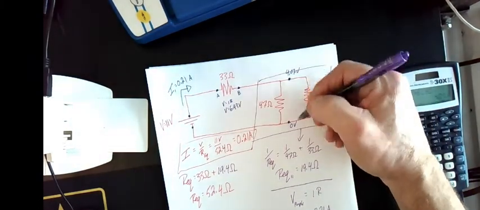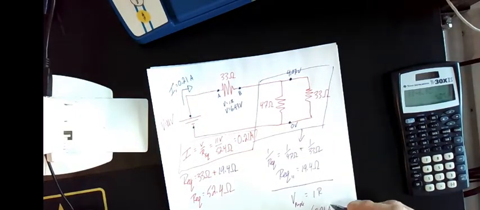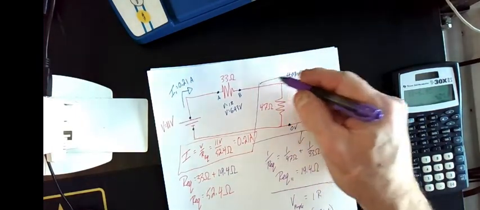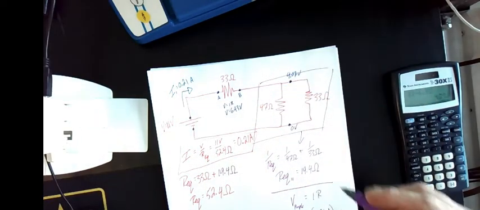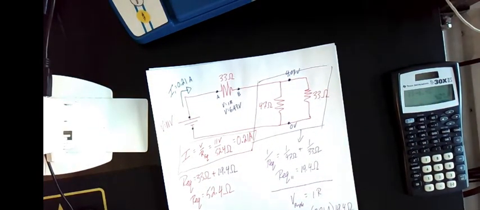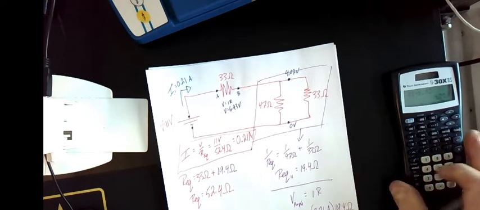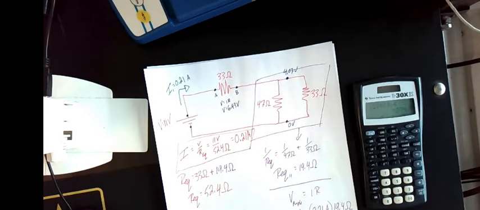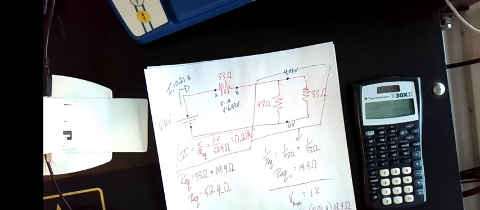Let's see if we get 4.07. 0.21 amps is incident upon an element that has a resistance of 19.4 ohms. 0.21 times 19.4 gives 4.07.